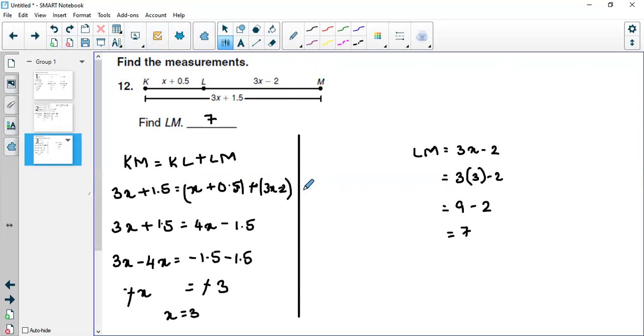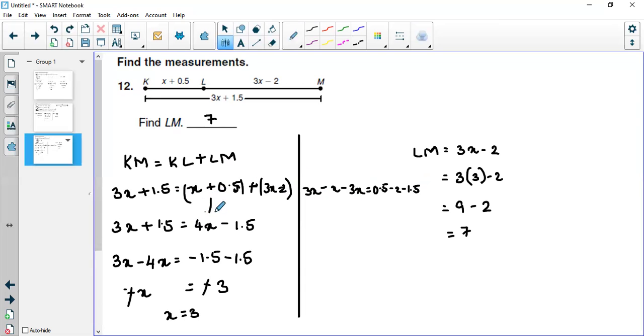This is going to be 3x, okay? Then this will be minus x, because that's plus x, it will become minus x. And this is again plus 3x, that would become a minus 3x because you're moving it to the other side. So all that's remaining on this side is 0.5 minus 2 minus 1.5.